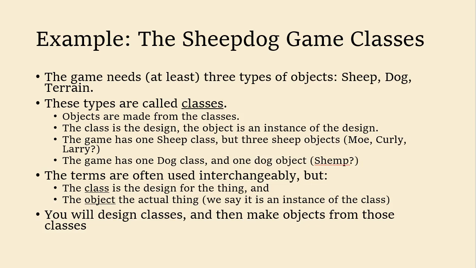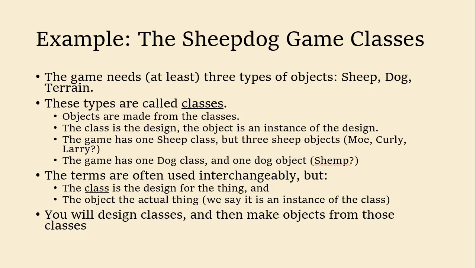Now, it's important to have this distinction in your head that the class is the design of the thing, but it's not the thing. The object is the actual, what we say, instance of that class. Now, it's important to keep that in your head. However, in everyday usage, everybody uses the term object and class interchangeably.